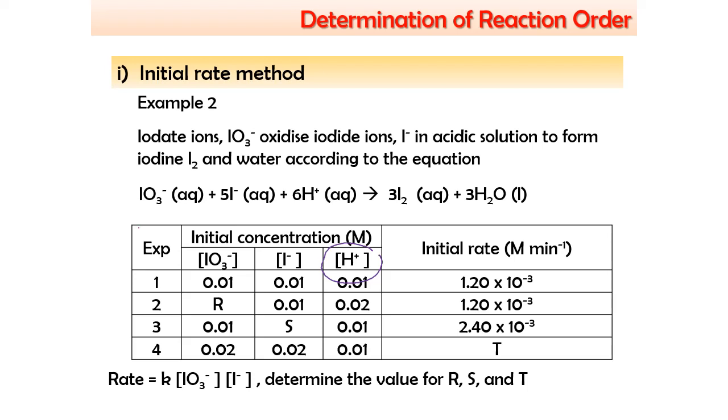So what does it mean here? It is first order for IO3 minus, it is first order, and for I minus, it is also first order, but for H plus, it is zero order.